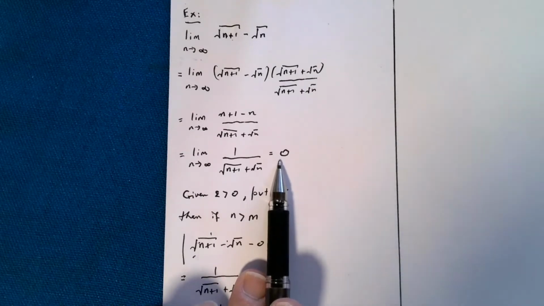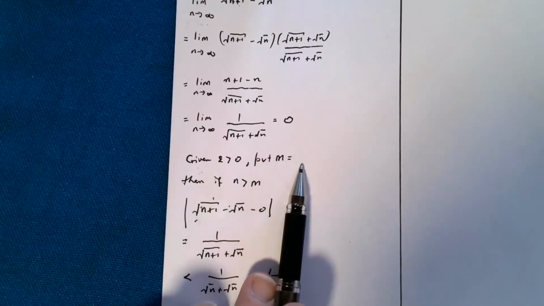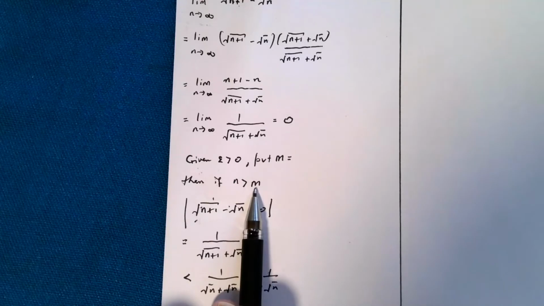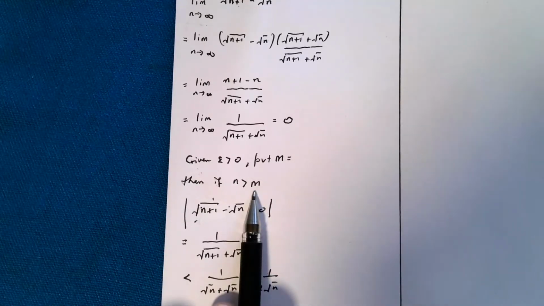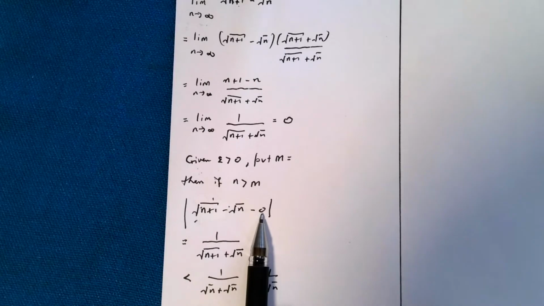So the usual mantra: we begin by, given epsilon bigger than naught, put M equal to, I'm not sure yet, I'll tell you in a moment. And then if n is bigger than capital M, if I go past that M point, then I have to squeeze the sequence minus its limit, and I've got to squeeze that less than epsilon.